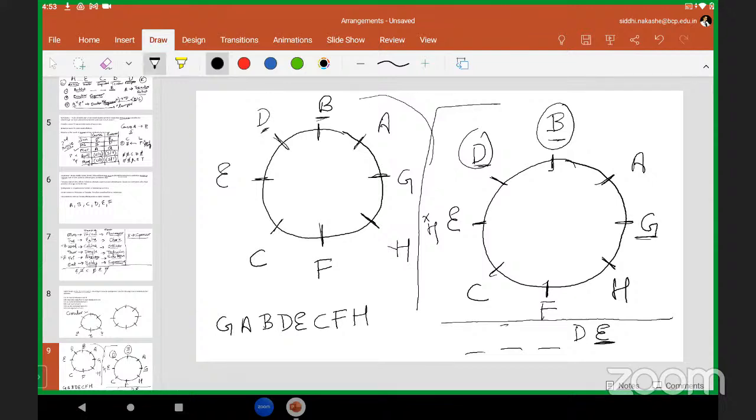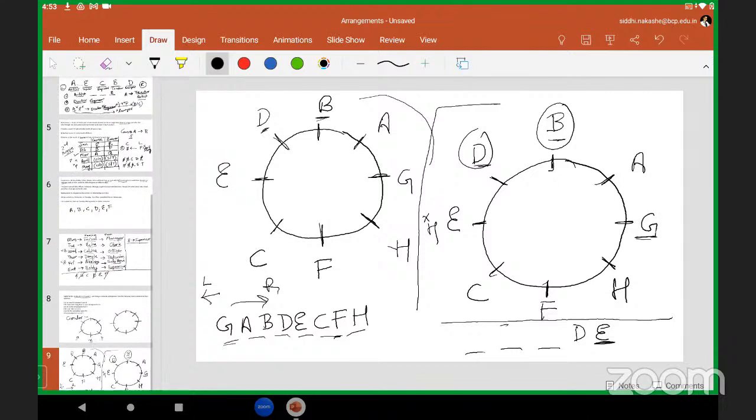So G, A, B. When we are talking about something with respect to right, we'll always consider this, and when we are talking about left, we'll consider this. So when we are talking about who is to the immediate left of H, that will be F, and C, E, D, B, A, G. So this is how we solve a basic circular arrangement.